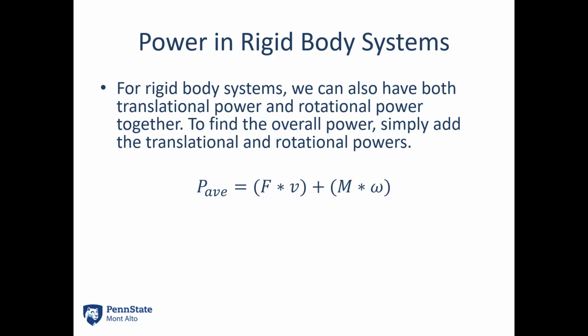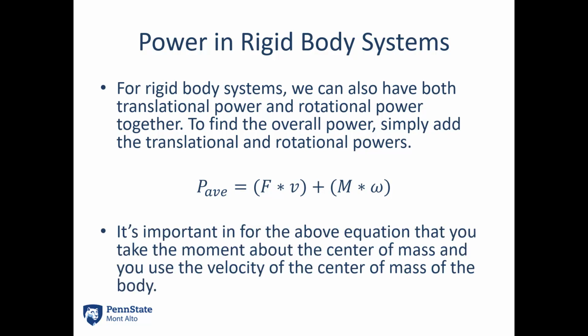We add the two pieces together to get the overall power. It is important for a system like this that the velocity refers to the velocity of the center of mass of the body you're looking at, and the moment needs to be the moment about the center of mass of the body.